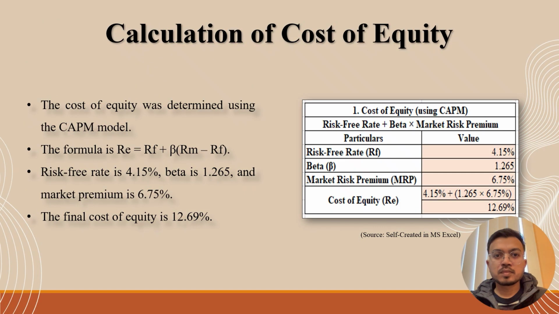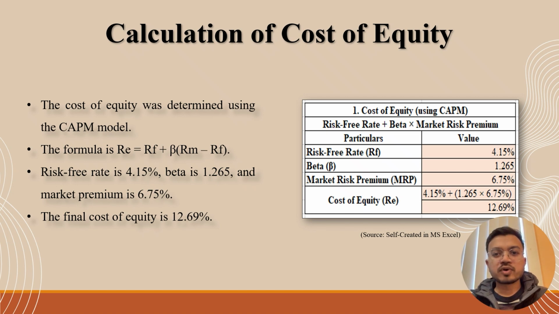Next, we'll look at the cost of equity, which we calculated using the capital asset pricing model, or CAPM. The CAPM formula is cost of equity, RE, equals risk-free rate, RF, plus beta times market risk premium, where the risk-free rate is 4.15%, beta is 1.265, indicating Big Digger has slightly above average market risk, and the market risk premium is 6.7%.